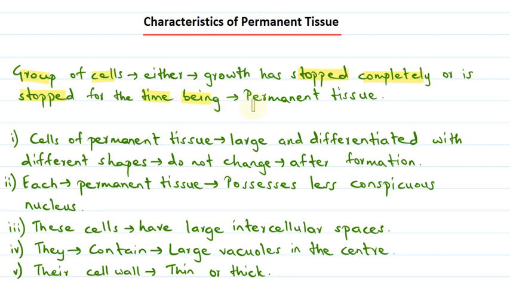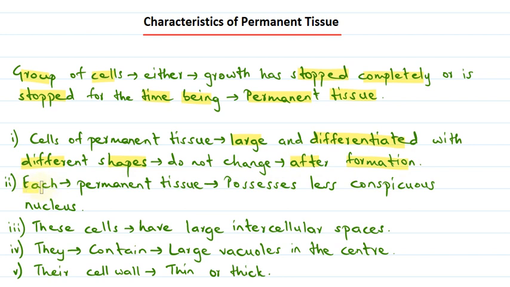Now what are the specific characteristics of permanent tissue? The cells are large and differentiated, having different shapes, and they do not change after formation.